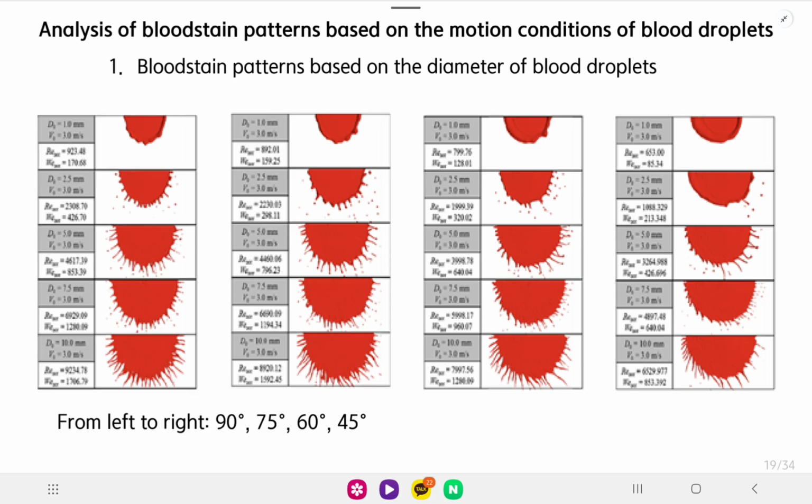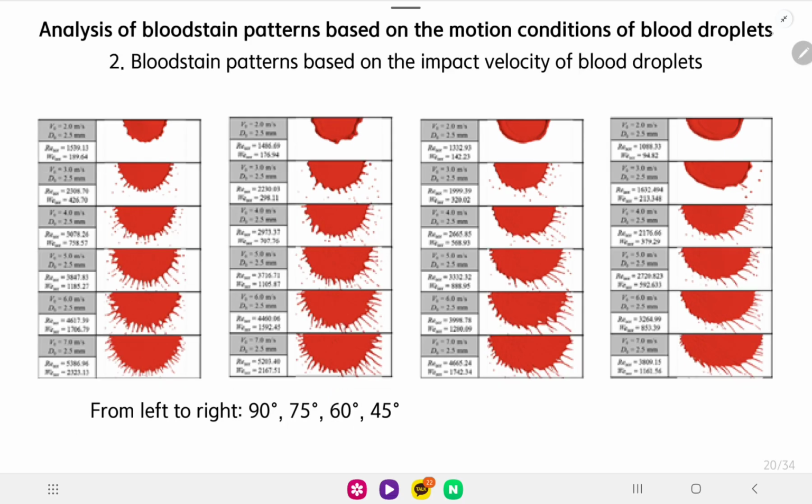The results showed that as the droplet diameter increased, the size of the bloodstain and the prominence of the finger effect became more noticeable. Interestingly, the relationship between the initial droplet diameter and the resulting stain size was not strictly proportional. Instead, the ratio of the bloodstain diameter to the initial droplet diameter increased with larger droplets, indicating that greater momentum led to more extensive spreading upon impact.